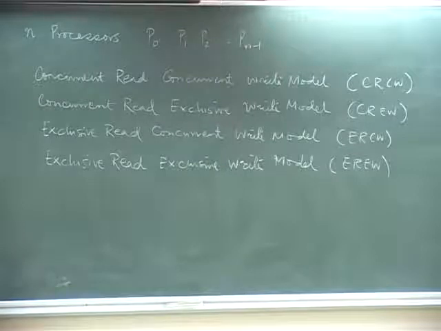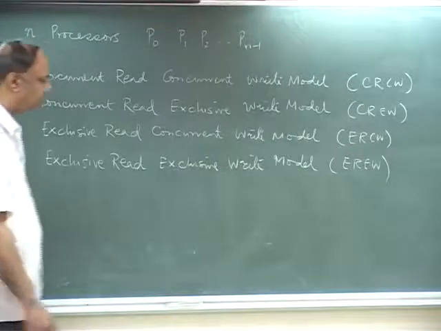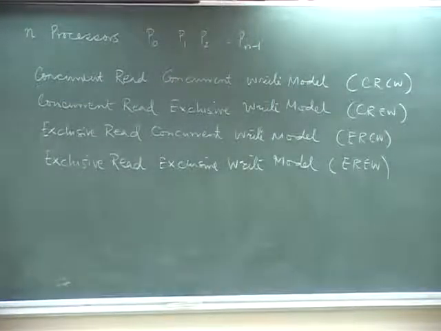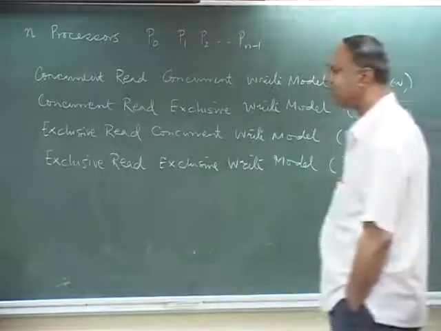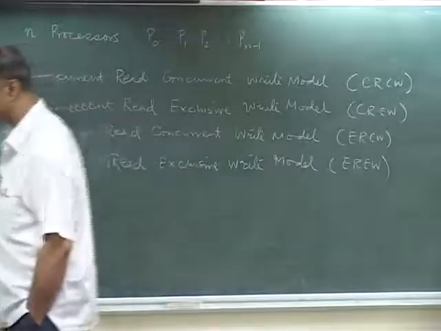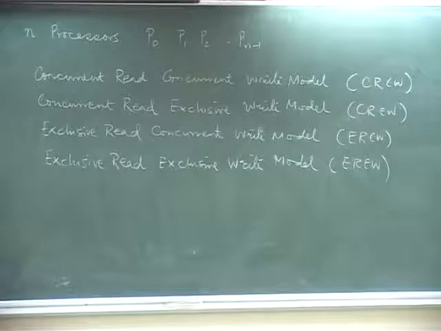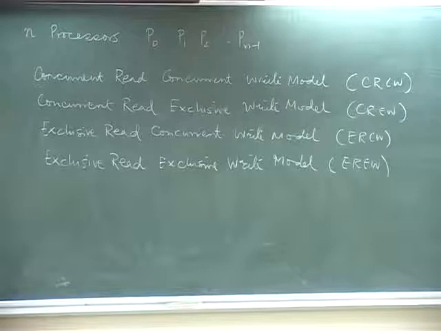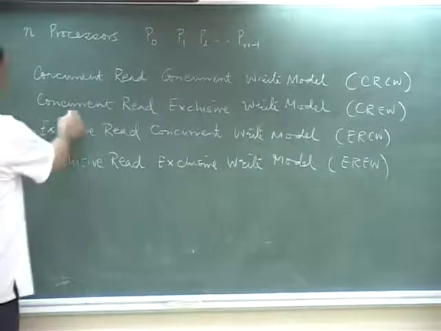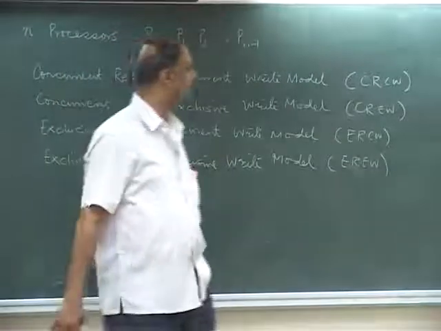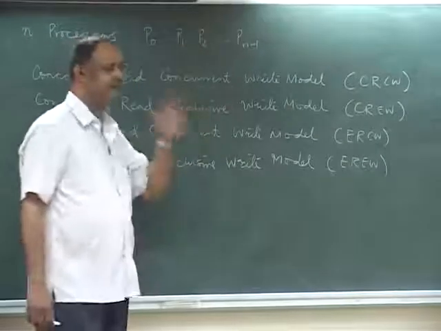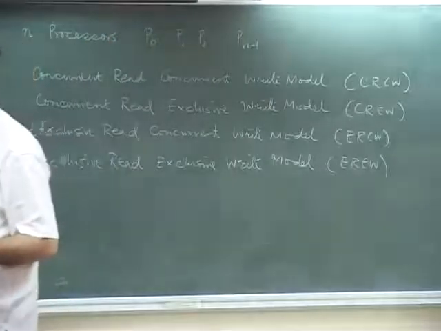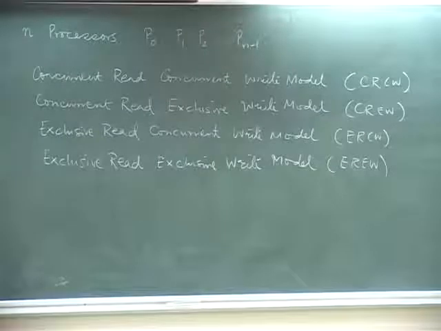Now, in the concurrent read, concurrent write model, we are assuming that two or more processors are allowed to read simultaneously from the same memory location and also to write into the same memory location simultaneously at any instant of time. In reality, allowing different processors to write into the same memory location does not have much meaning, and it is not easy to handle.